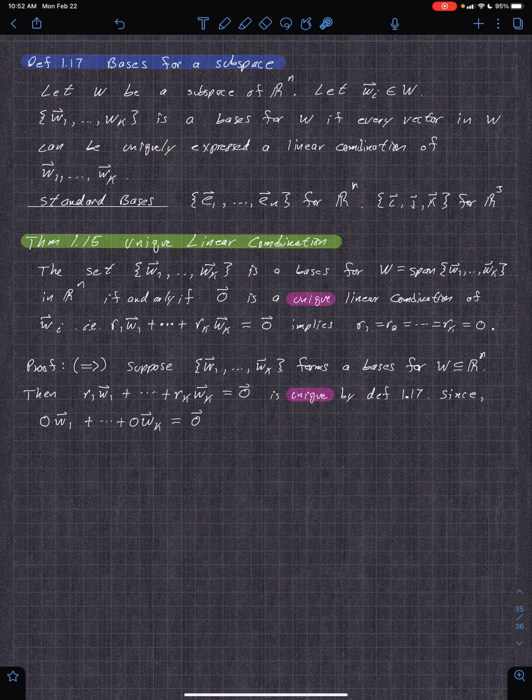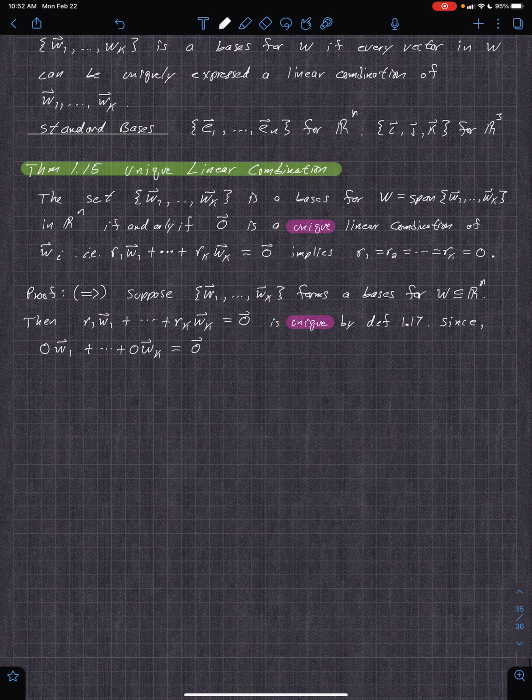So since this is true, and there's only one way to get it, this definitely equals 0. There is only one way to get this to be 0, so it must imply that r1 through rk have to be 0, because it is unique.